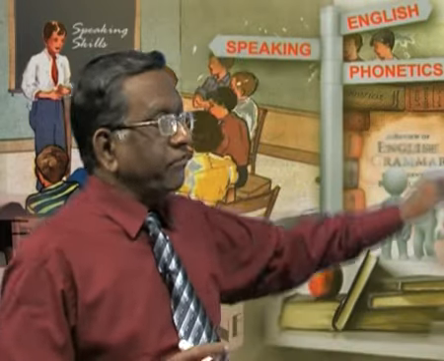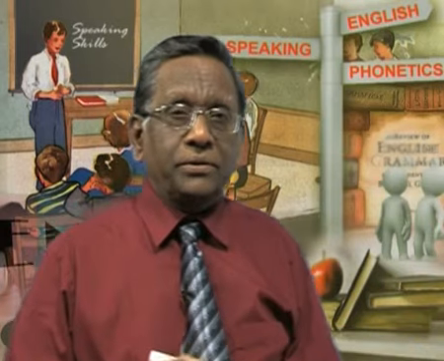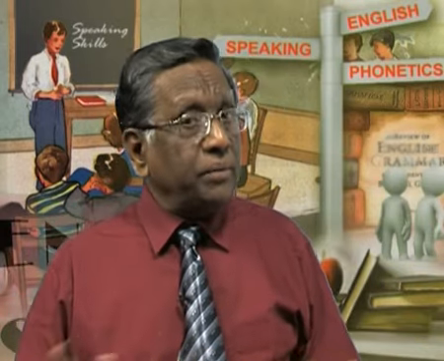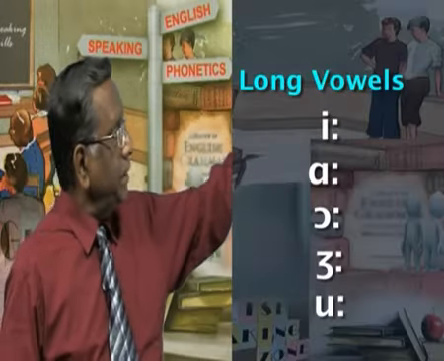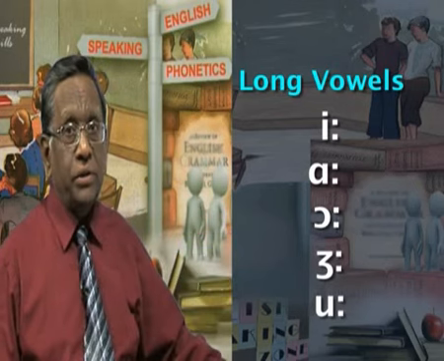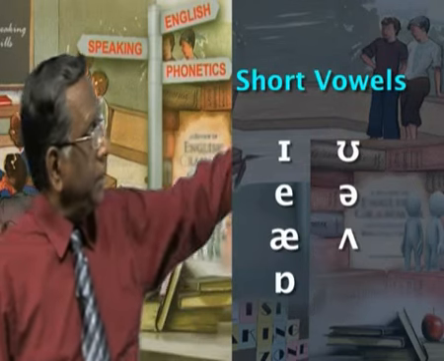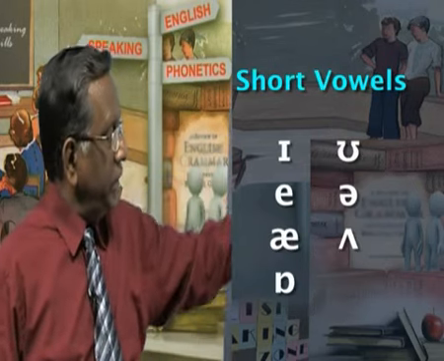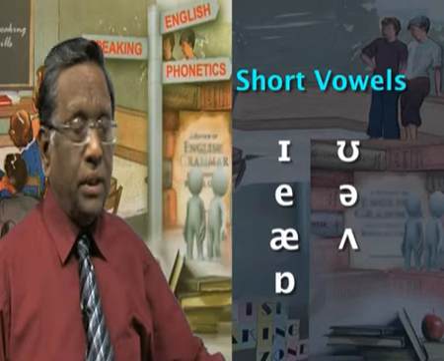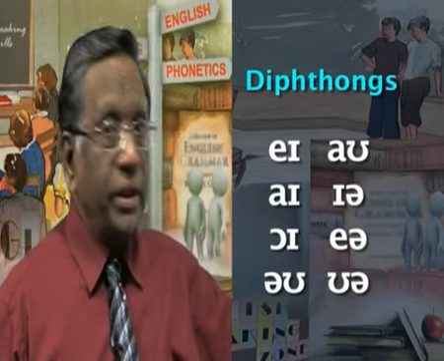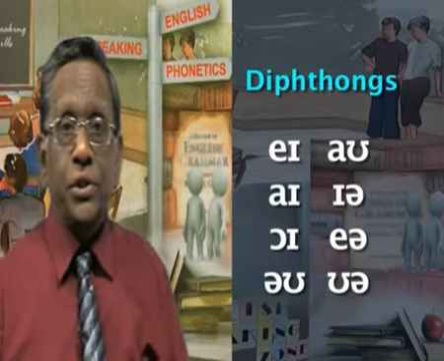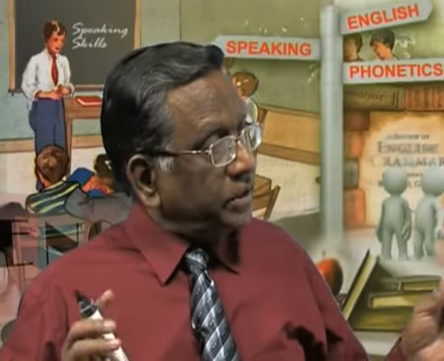So there are 20 different vowel phonemes used in different places, in different contexts. The important thing to keep in mind is the length has to be maintained for the long vowels, and they have to be shortened when you use the short vowels, and the diphthongs have to be made clear when they occur in different positions. Some speakers have problems with certain diphthongs.